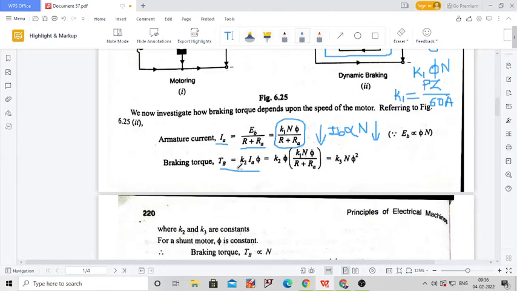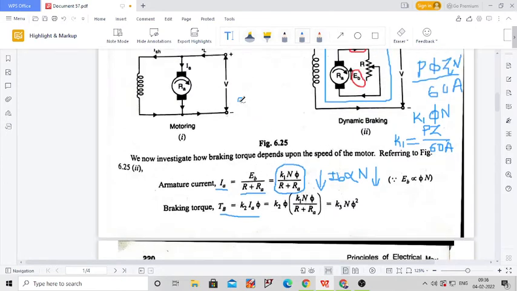The formula is torque equals 9.55 Eb Ia divided by speed N. Eb can be written as P phi Z N divided by 60A, and if we take all the constant terms, then the torque is equal to K2 into Ia phi, where K2 is a constant.